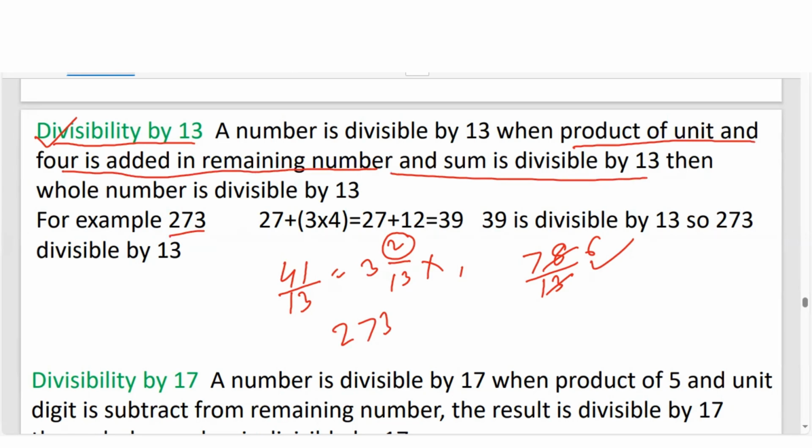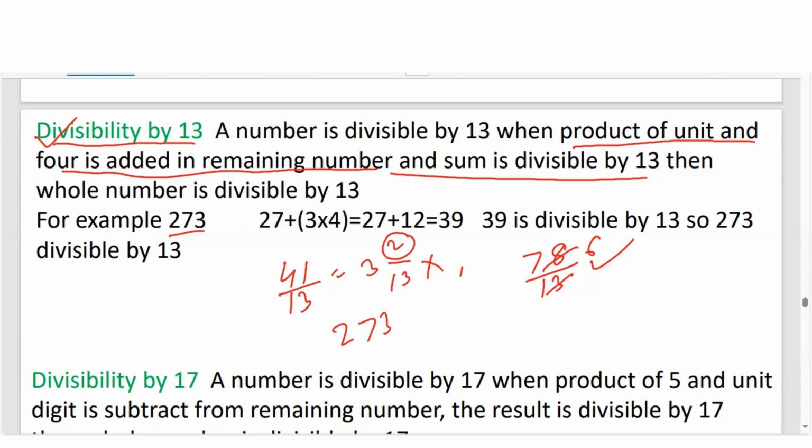If any large number is given, no problem: multiply the unit by 4, add it to the remaining number, then check whether the result is divisible by 13 or not. If the number is again large, you repeat the same process until you reach a small number.